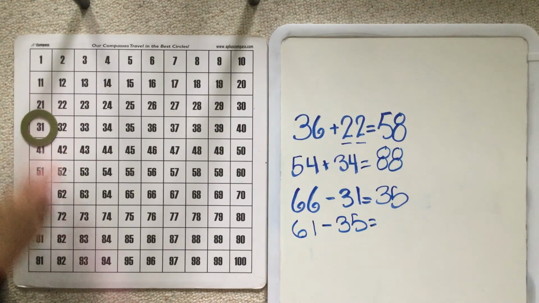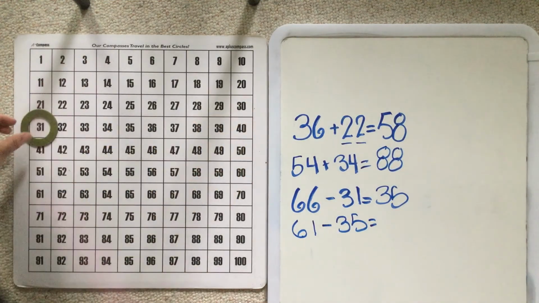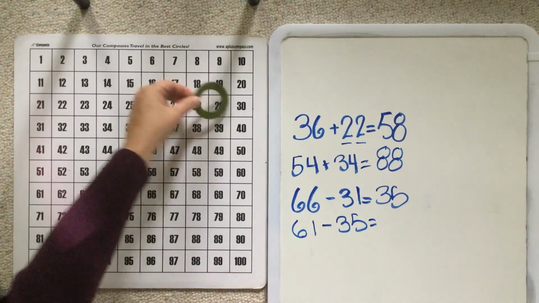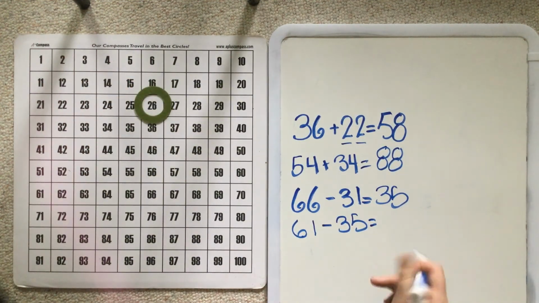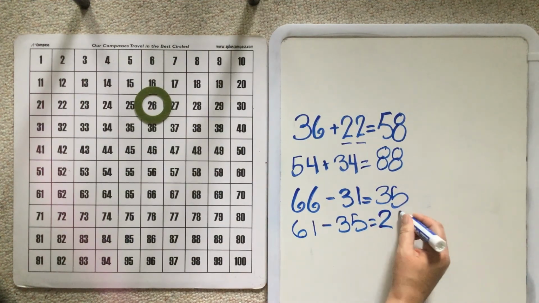Now I need to count back 5 ones, but oh no, there are no numbers next to 31. Where would I go if I'm counting back? Yes, I need to count back to the other side of the hundreds chart 5 times. 1, 2, 3, 4, 5. 61 minus 35 is 26.